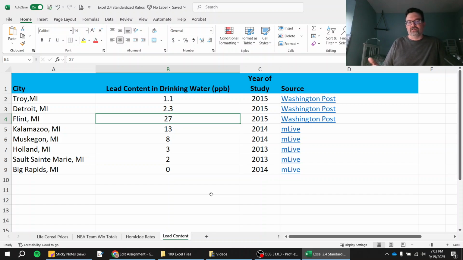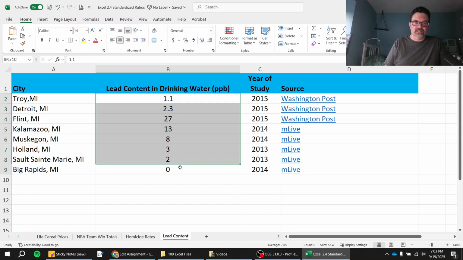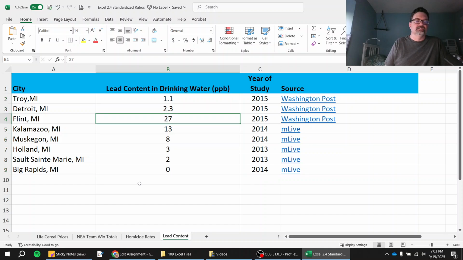So different organizations would have different opinions on what the bad amount of lead is or what's some sort of lead level to be worried about. And the EPA, the United States Environmental Protection Agency, says 15 parts per billion is bad. And out of all of these guys, only Flint is above 27.